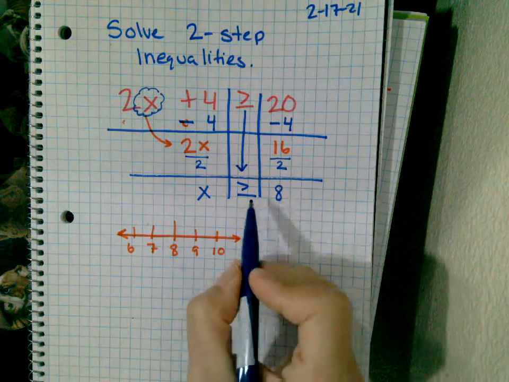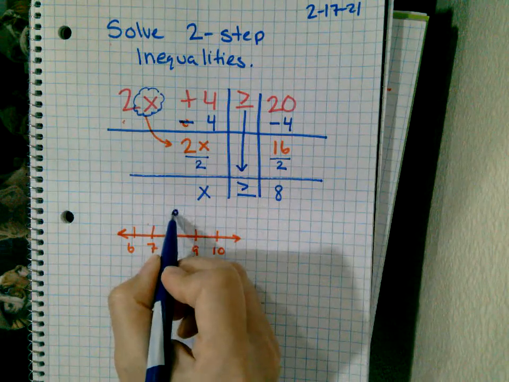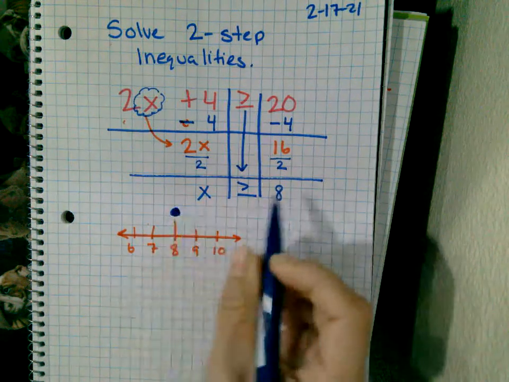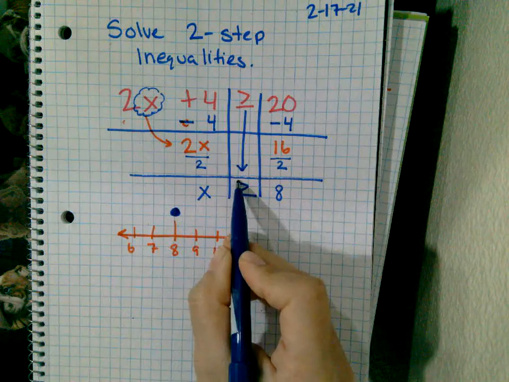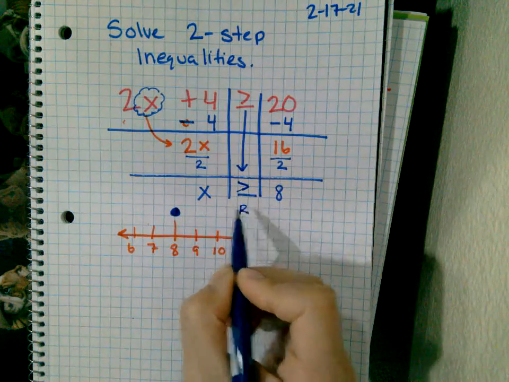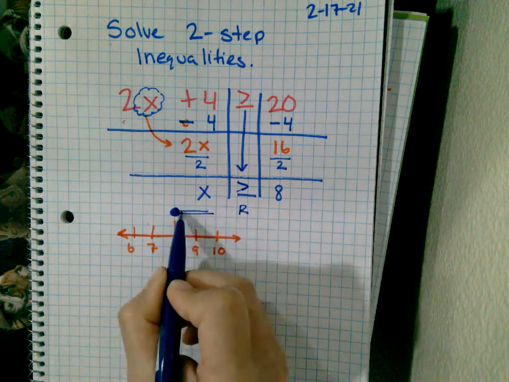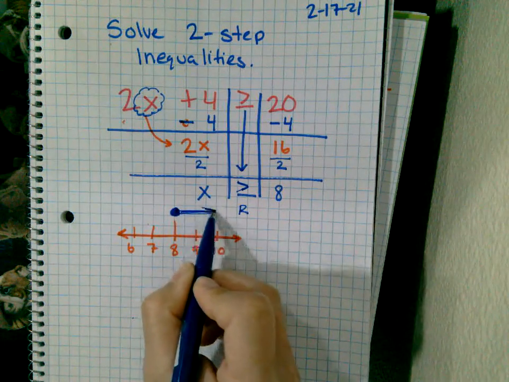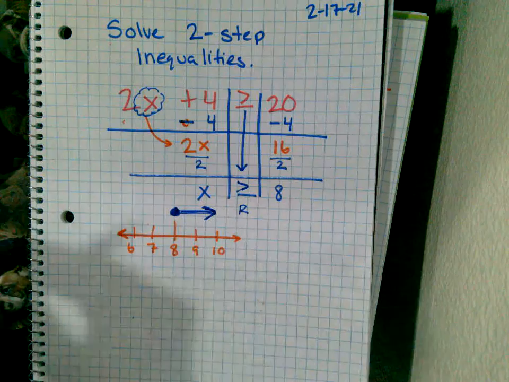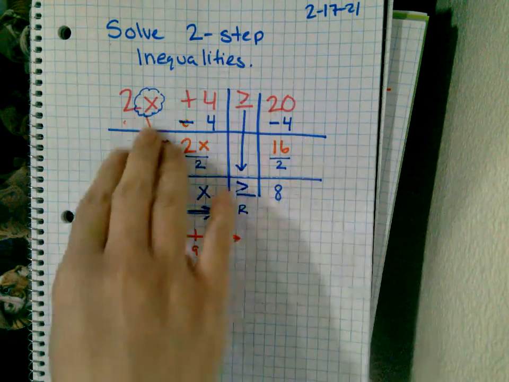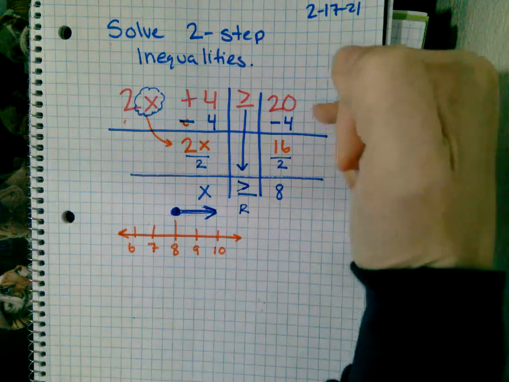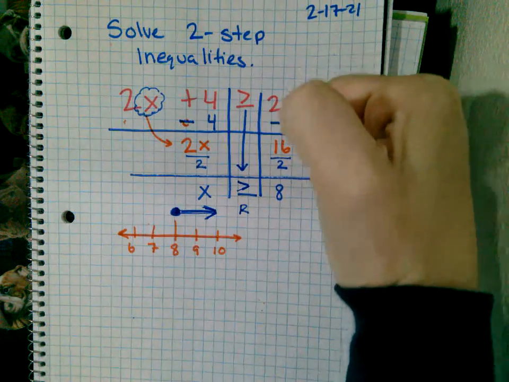We're going to add a closed circle, right? And then this is pointing to the right, right? It's pointing to the right. So that means I'm going to shade to the right. And this would be one complete problem where you solved it, showing your steps.